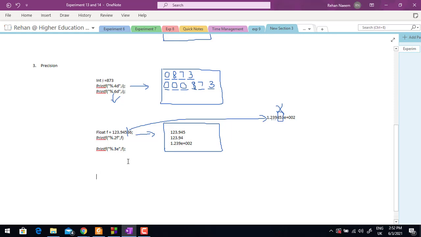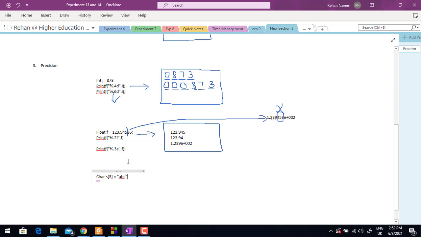Okay, say for example, I have defined a string ABC.